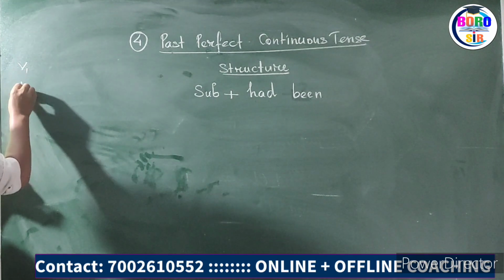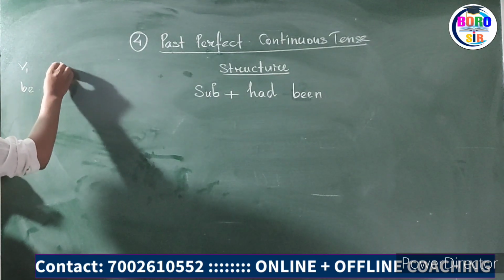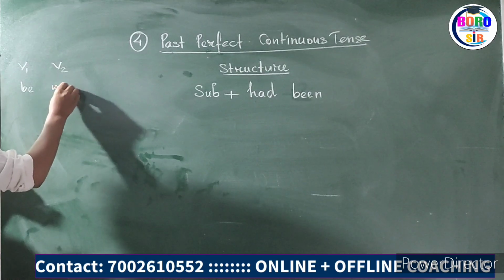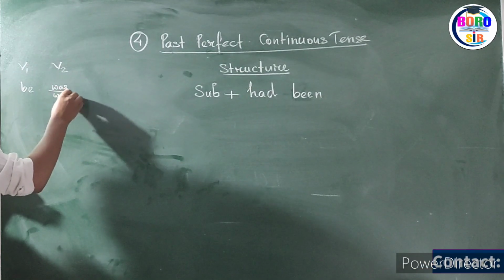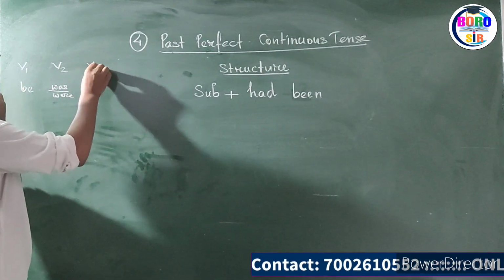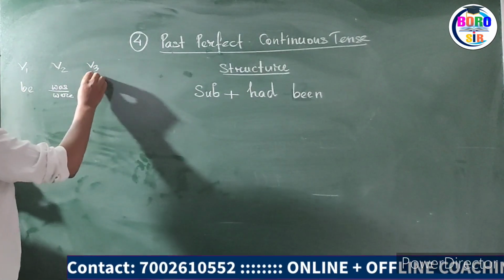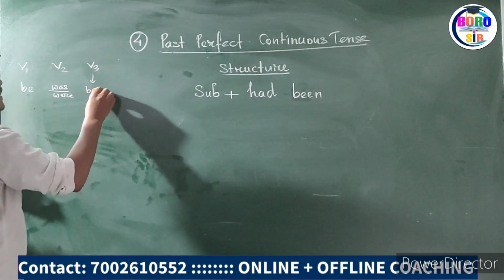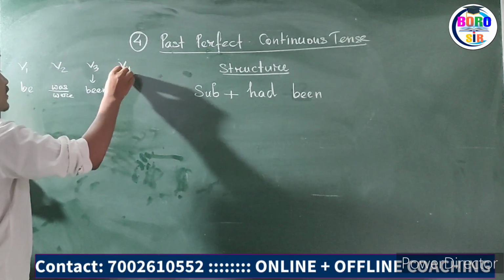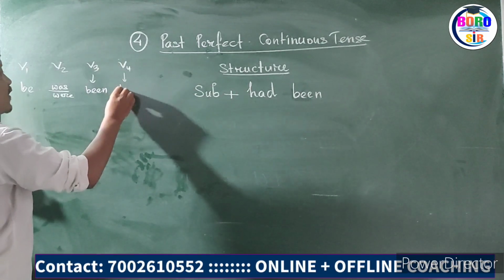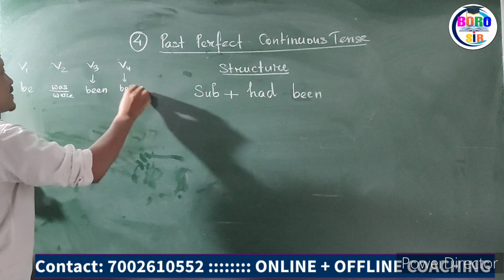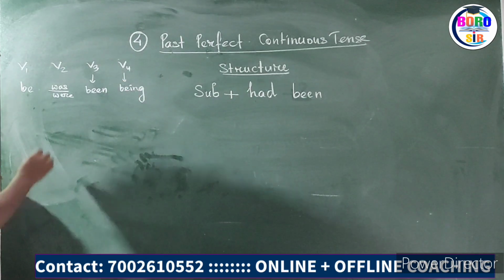Verb number 1, here we take be, and the verb number 2 becomes was and were, right? And in verb number 3, this be verb becomes been. Remember this thing. And in verb number 4, I mean in present participle form, it becomes being.